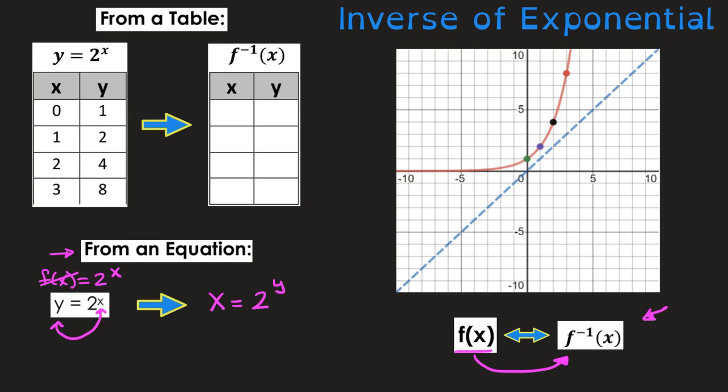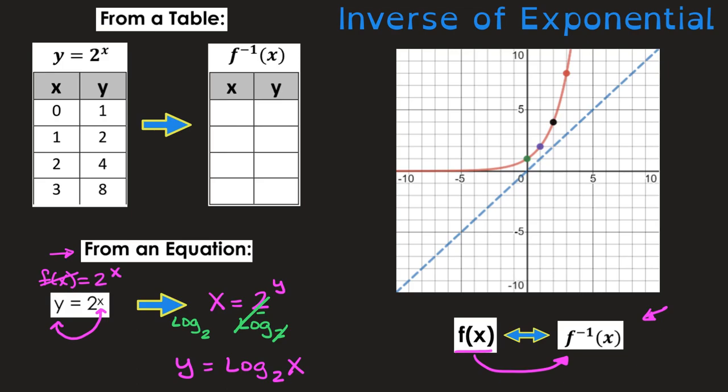And then from there, we're going to solve for y. And you've learned that to get that exponent by itself, we need to log base both sides. Currently, my base is a 2. So I'm going to log base 2 both sides. This will then cancel the base of 2 with the log 2. And now I'm left with y equals log base 2 of x.